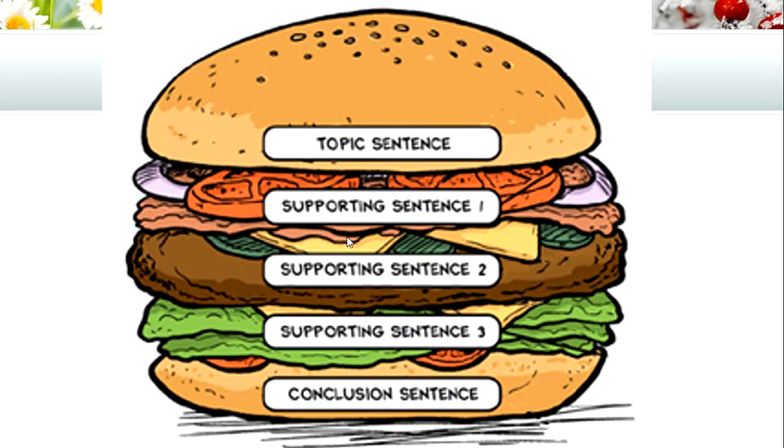Remember that the details should be in accordance with the topic sentence. For example, if you have a topic sentence about the good things of a city, for example, Yogyakarta is a good place to live in, then the supporting sentences should also talk about the good aspects of Yogyakarta.